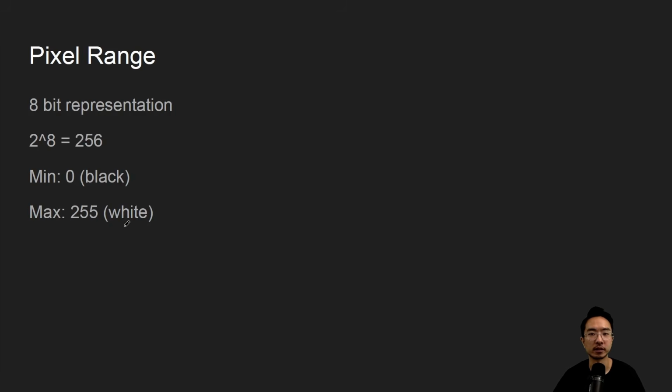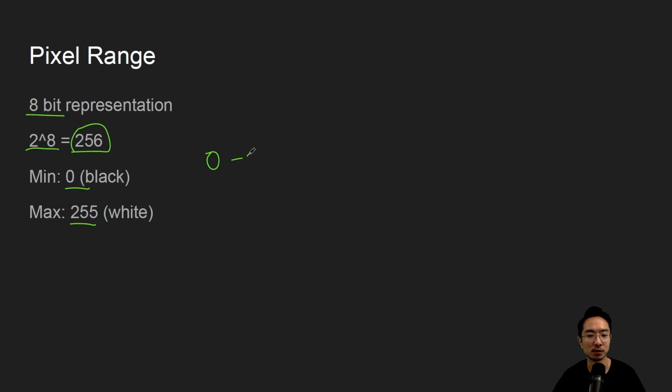Okay, so when dealing with these numbers inside your matrix, we want to look at what the pixel ranges are. So typically you'll hear what's called the 8-bit representation. And the reason why it's called 8 bits is because when you do 2 to the 8, you get 256. And what that tells you is that the minimum number you could get is 0 and the maximum is 255.